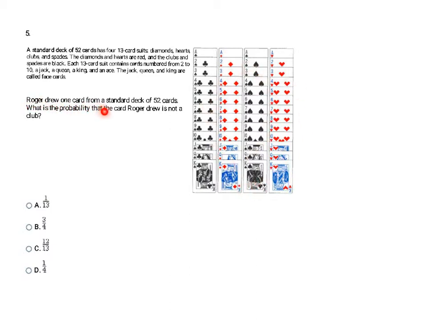So Roger drew one card from a standard deck of 52 cards. What is the probability that the card Roger drew is not a club? So in each one of these suits, there's 13 cards, it tells us. So not a club can mean it could be diamonds, spades, or hearts. So there's 3 other suits. So 13 plus 13 plus 13 is 39.